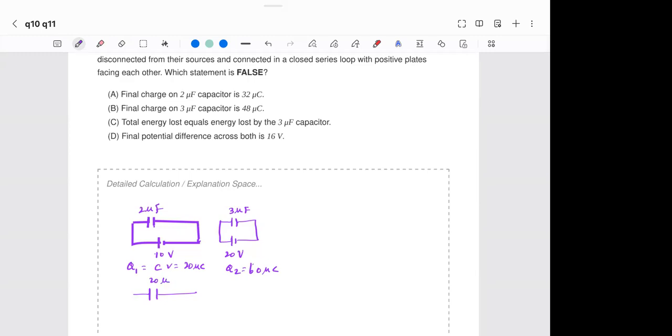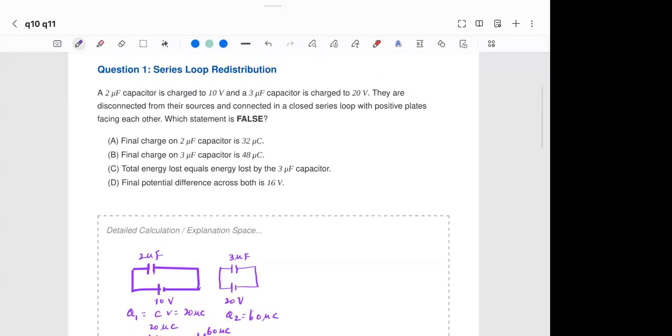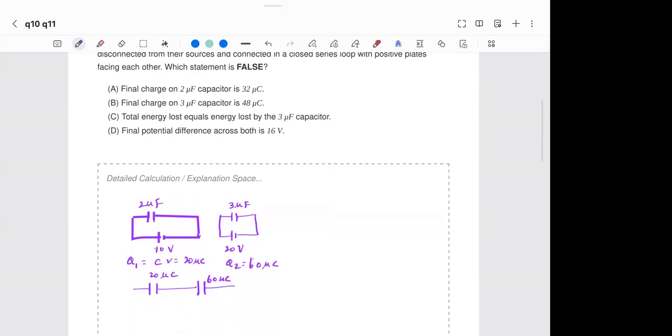Now here it is 20 microcoulombs, and another one is having 60 microcoulombs charge. After disconnecting, they are again connected in a closed series loop.